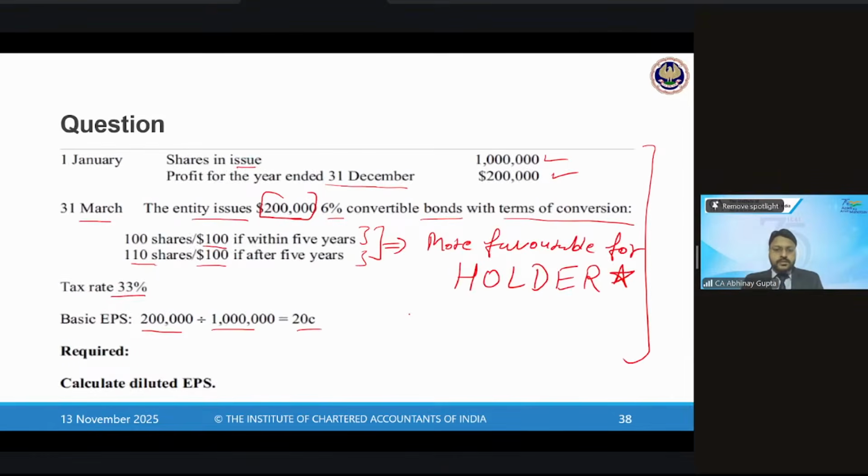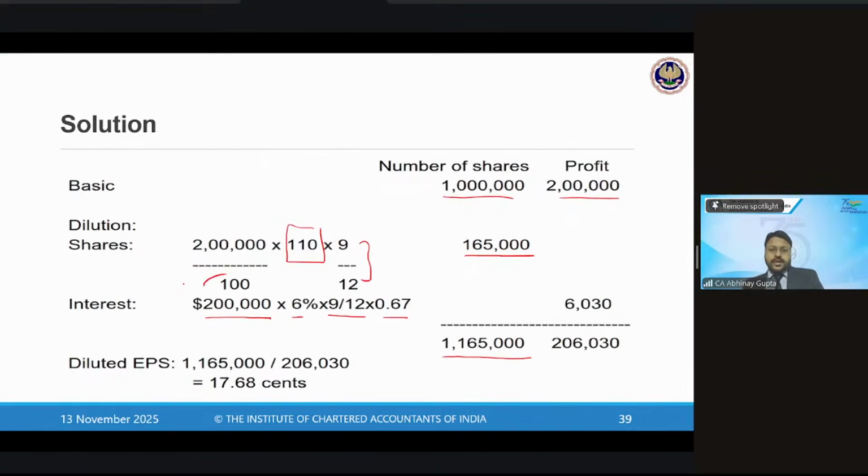Tax rate is given in the question, 33%. So into the tax adjustment, 1 minus tax rate. This is what we do. So this amount will be adjusted in the numerator. Will this be added or deducted? Added, because this was already debited in my profit as an interest expense.